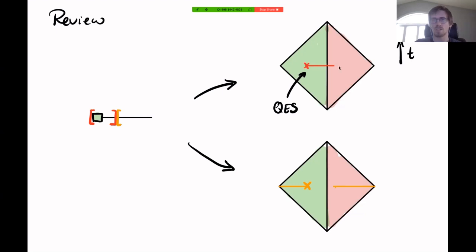So I'm considering this red interval here. And then the left boundary is determined dynamically by using the quantum extremal surface prescription. So I'm looking in JT gravity for a particular saddle point of my dilaton, and this marks the end of my interval.